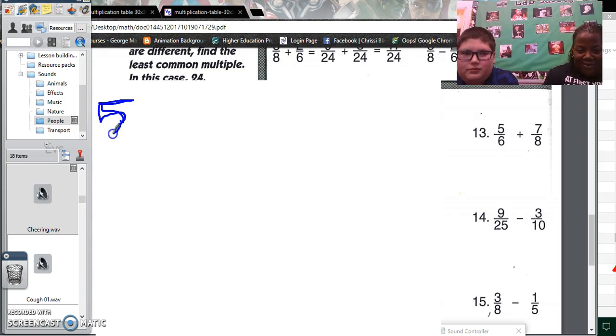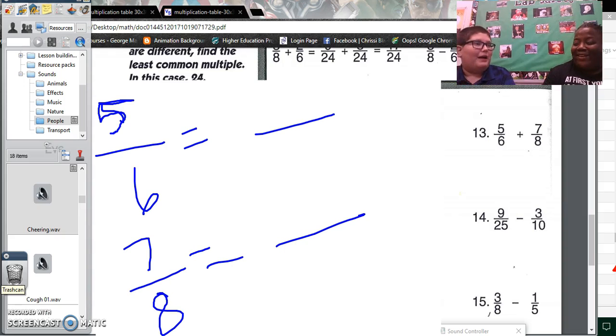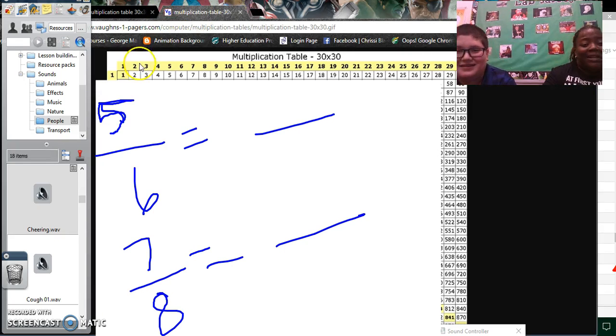Don't make fun of my 5. 5 over 6, 7 over 8. I feel like I'm being judged. Maybe you are, for my comedy relief efforts. It is better than mine. Trust me. My 5 looks like a deformed cat's butt. How do you get a deformed cat's butt out of a 5? I'm not even sure. Do you really want to know? Nope. Good. Okay.